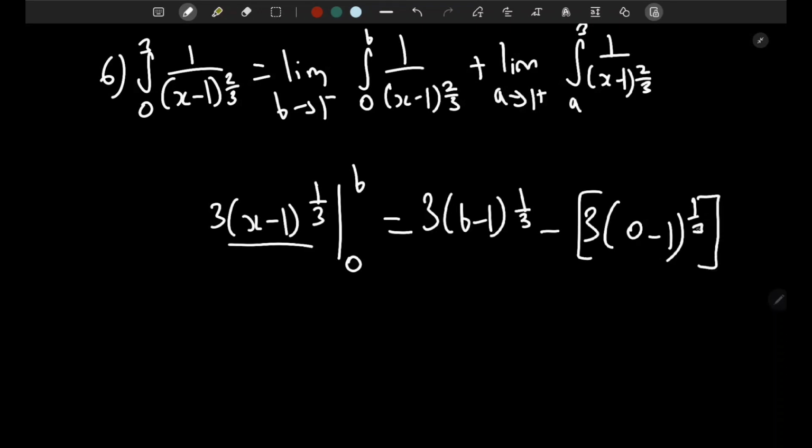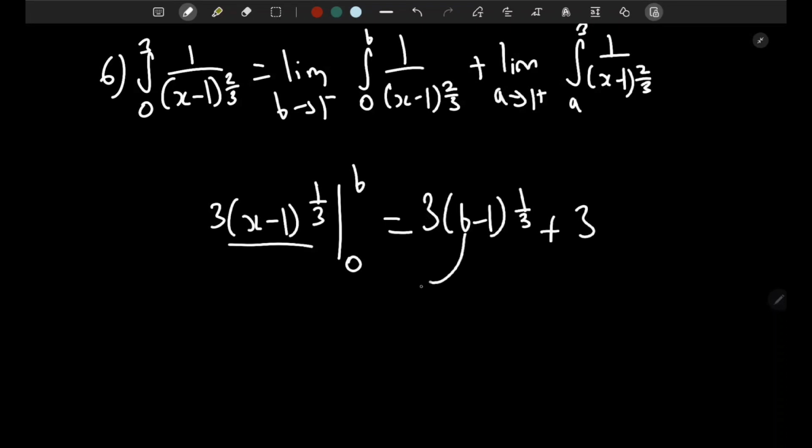Right away we can simplify this part. 0 minus 1 is negative 1, and negative 1 to the power of 1 over 3 is also negative 1. So this is 3 multiplied by negative 1, which is negative 3, and with the negative sign outside, it becomes plus 3.